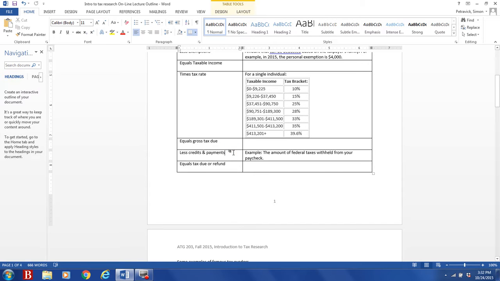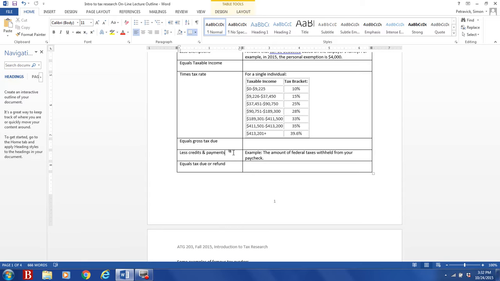Congress has adopted a pay-as-you-go approach for taxes. The example most of us are probably familiar with is each paycheck you receive, which has a deduction for federal taxes.